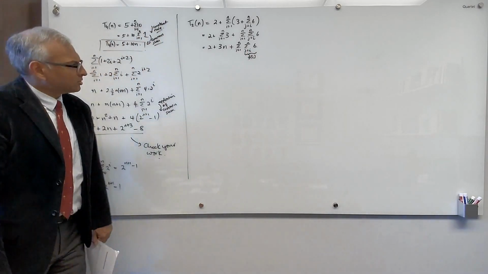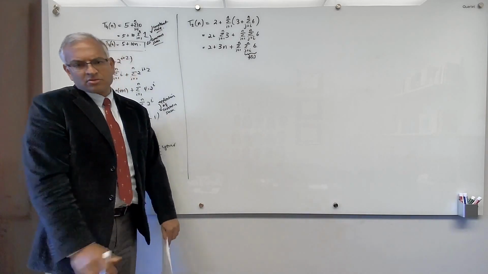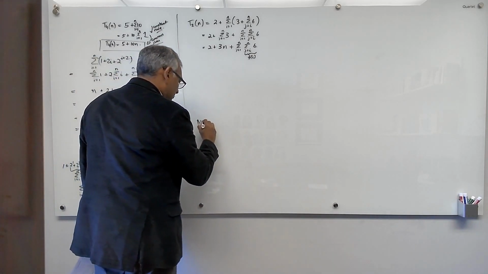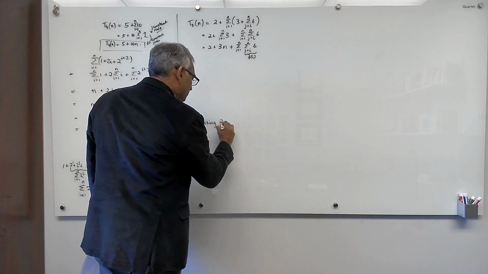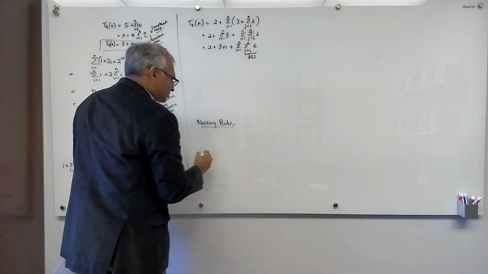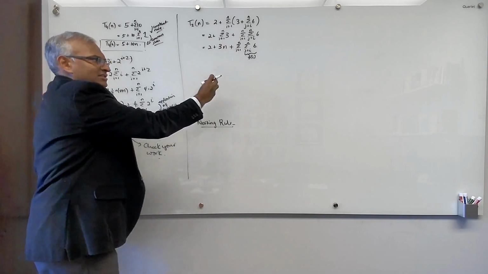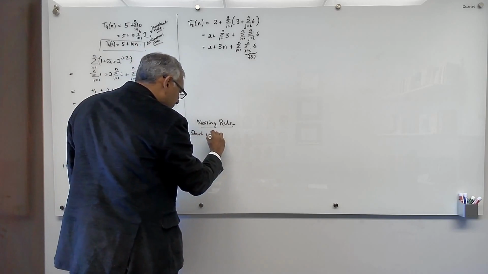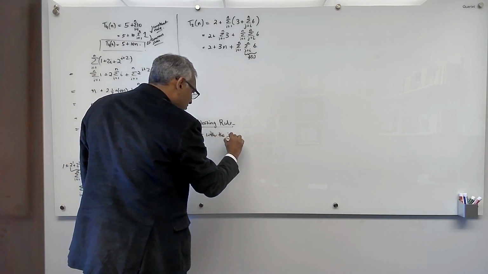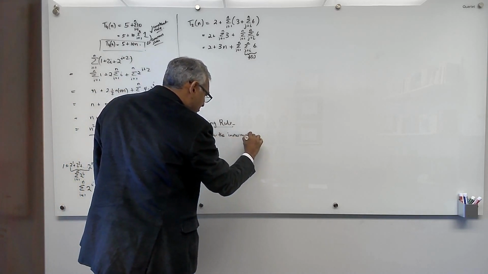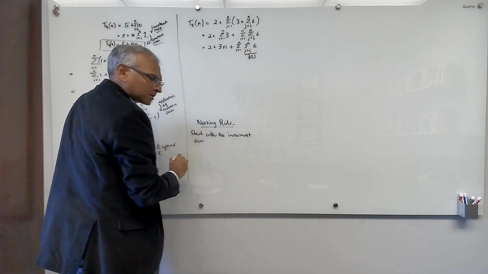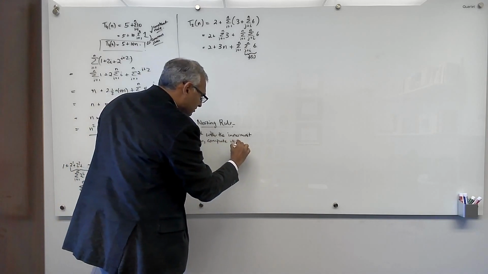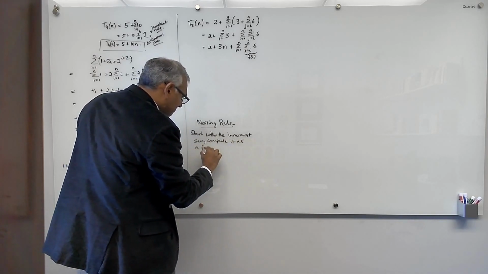In order to compute nested sums, I'm just going to state it as a rule, the nesting rule. When you have nested sums, or a sum inside another sum, start with the innermost sum and compute it as a formula.